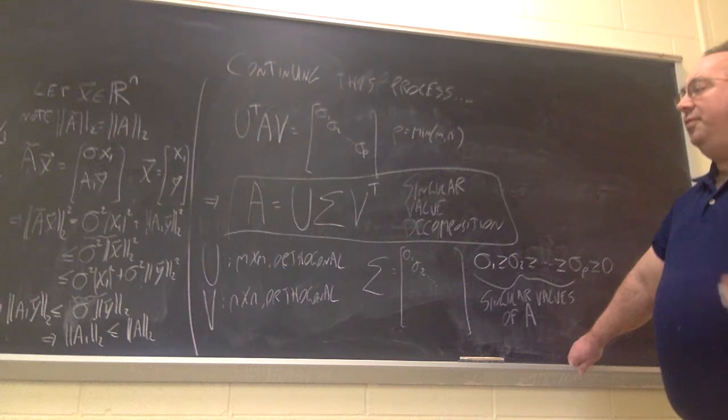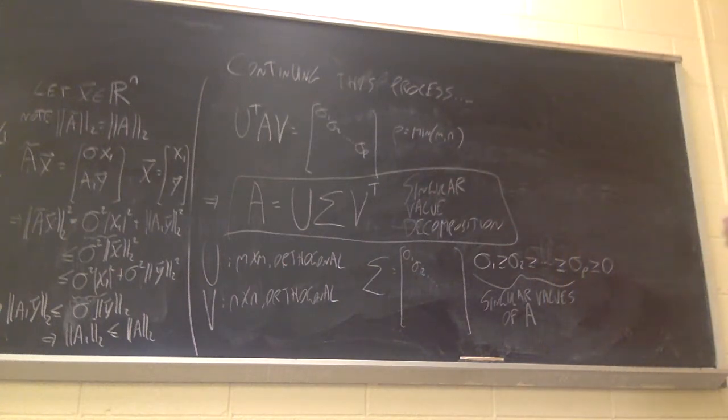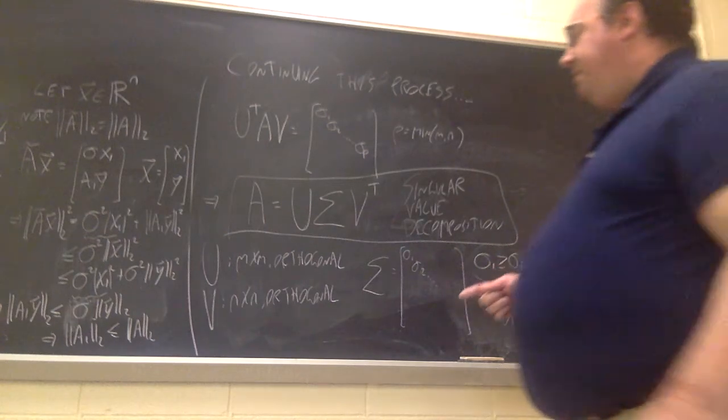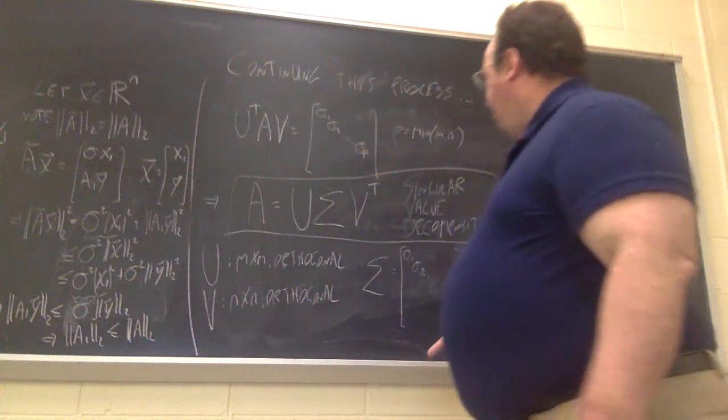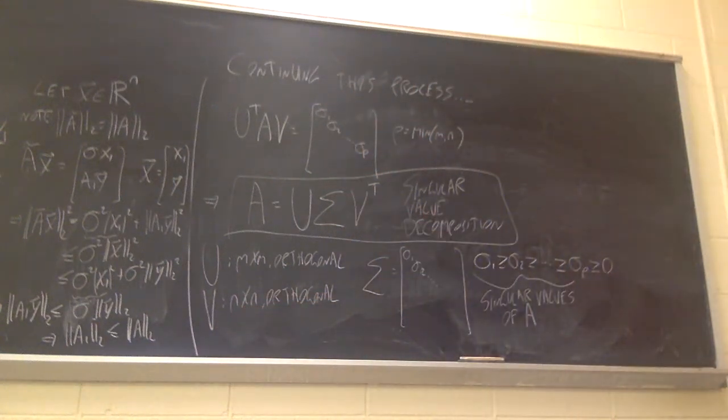But what happens is, if you multiply all those vectors by A, you get a new orthonormal frame in m-dimensional space, where each of those vectors is multiplied by the corresponding singular value. So v1 is multiplied by sigma 1 and now points in the direction of u1. So you get a new orthonormal frame that defines what you can think of as an m-dimensional ellipsoid.